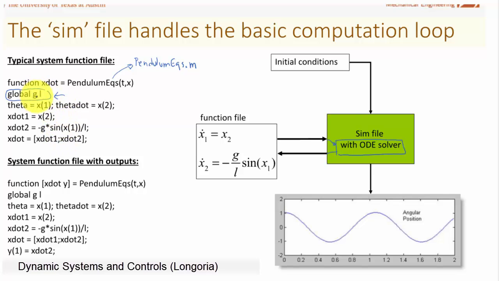This global statement should have a matching global statement in your simulation file. So you would have like global G and L here. This declares these variables so that they can be seen in this function file, because you need to have these variables known.